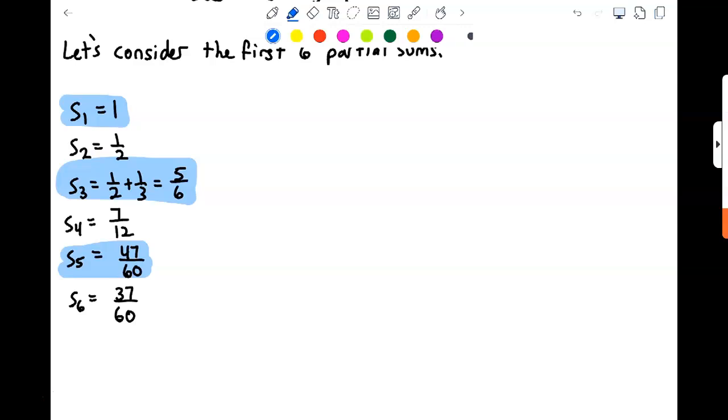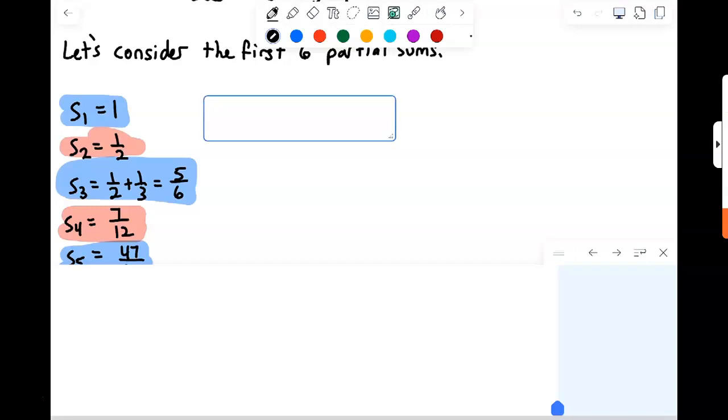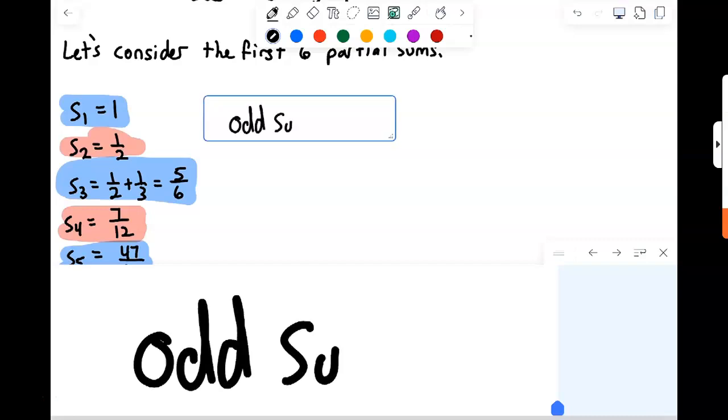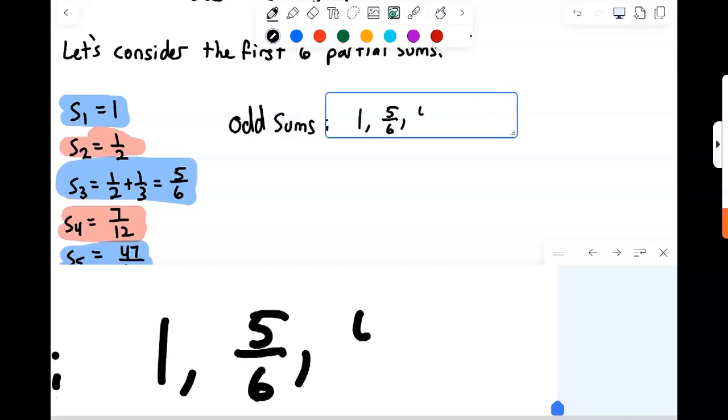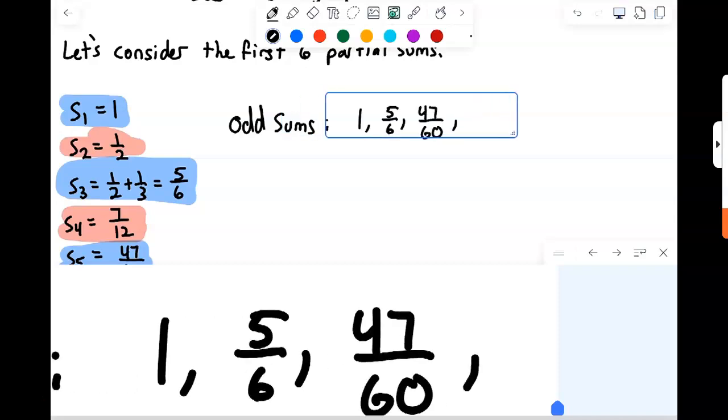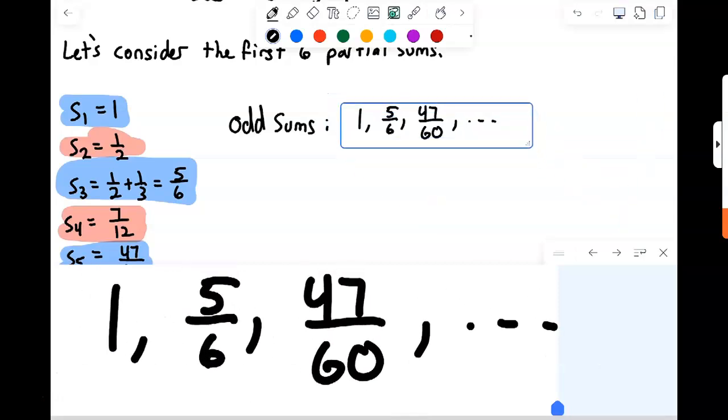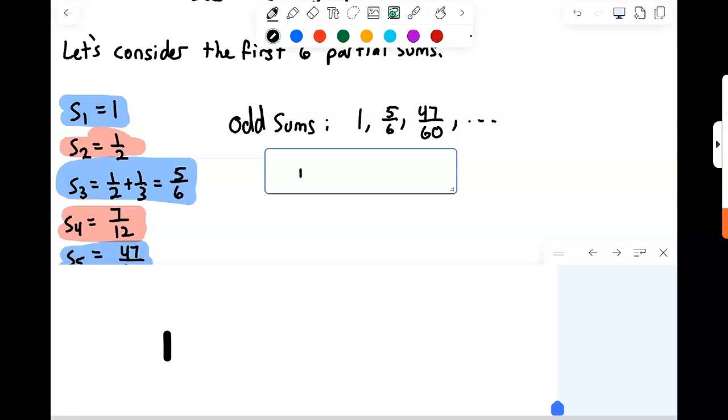So look at the odd sums: 1, 5/6, 47/60. And let's look at the even sums: 1/2, 7/12, 37/60. What do we observe? Well, the odd sums, 1, 5/6, 47/60, and so on, are always getting smaller. This is always decreasing.